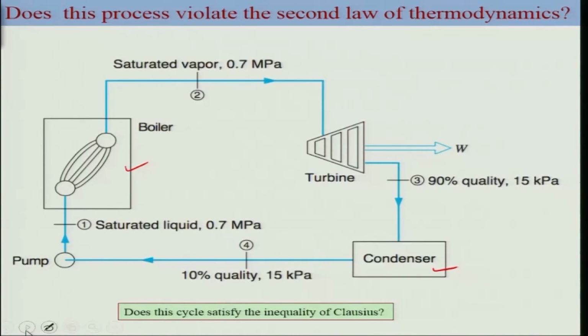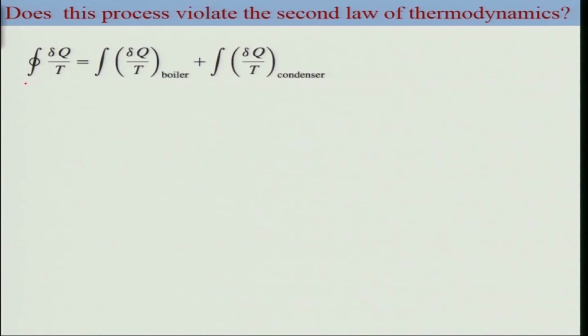So overall your del Q by T for this cycle can be simply the sum of your del Q by T for the boiler and that for the condenser. Without solving numerically every aspect of it, let us just go through how to solve this problem.